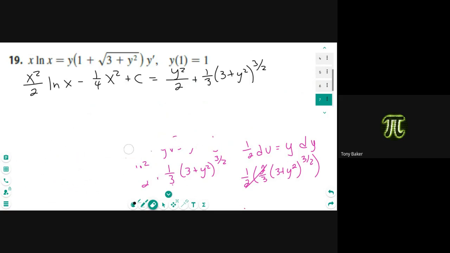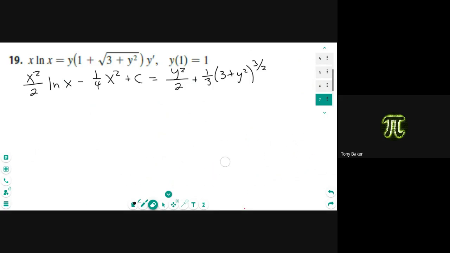All right, so in this problem, they gave me my initial condition, y of 1 equals 1. So they made your life easy. We're just going to plug in ones for everything.